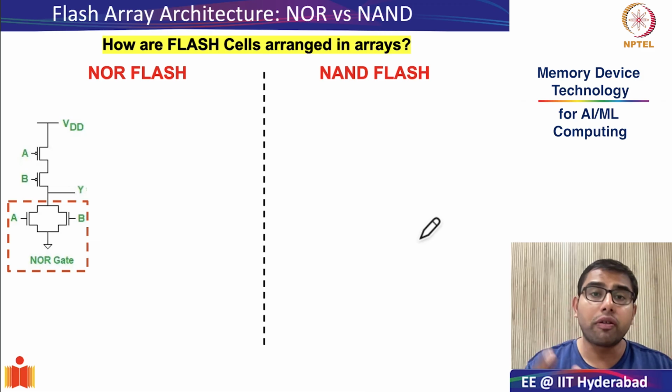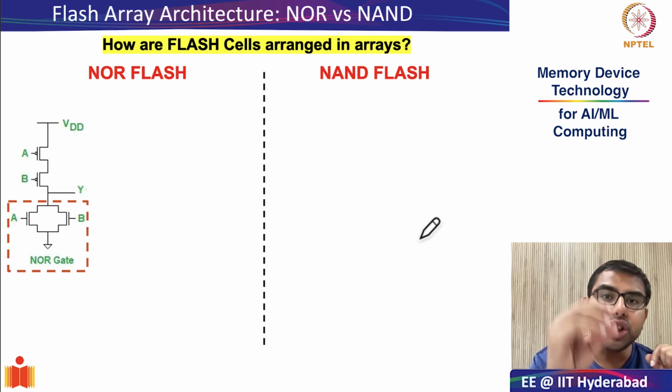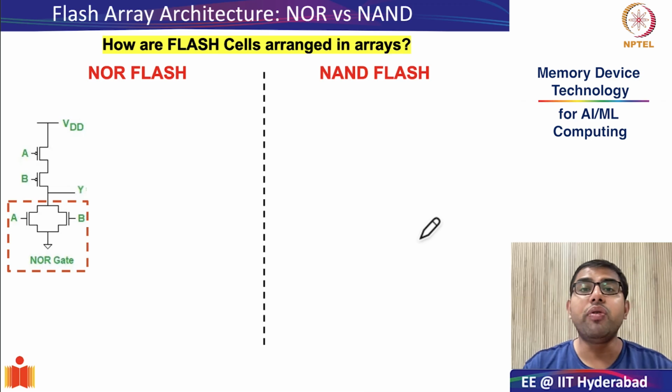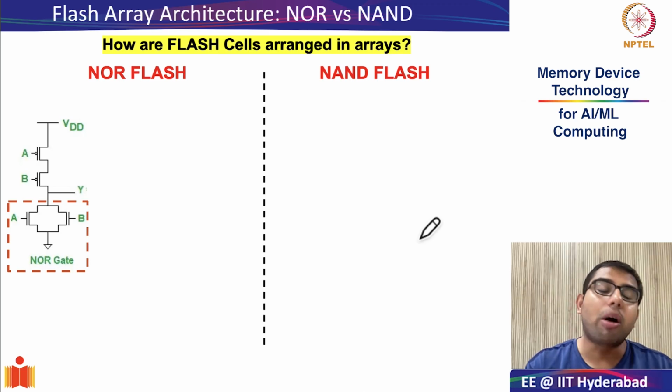Before we begin, what we are trying to look at is the fundamental unit of a flash array architecture. As we will see, the fundamental unit is a string. A string is defined as a bunch of flash cells connected with each other having one common bit line. With this information, let's go ahead and see the NOR flash cell.